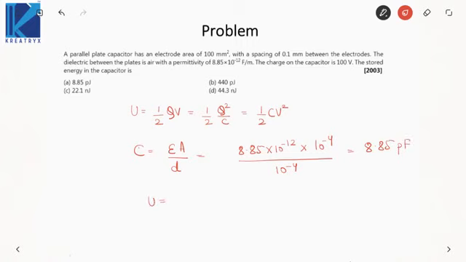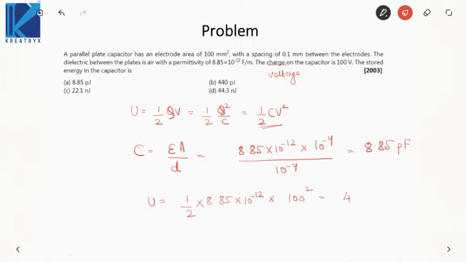What is the energy stored? Half charge square. Basically, I think it should be half CV square. This should not be the charge, this should be voltage. Okay, so I'll apply the third formula, half CV square, 8.85 into 10 to the power minus 12 into 100 square.